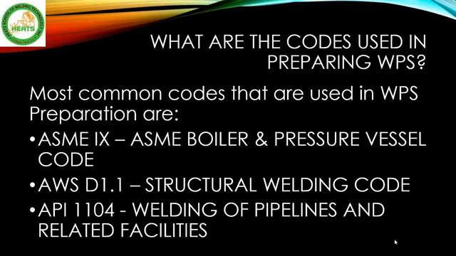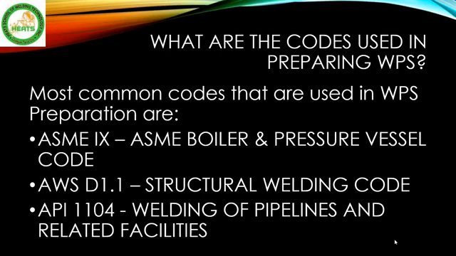So if your product output is a pressure vessel or pressurized piping, you'll be using the ASME 9 code. While if you want to do structural welding, then AWS D1.1 will be used. However, if your product is welding of pipelines and related facilities, then you need to use the API 1104 code.